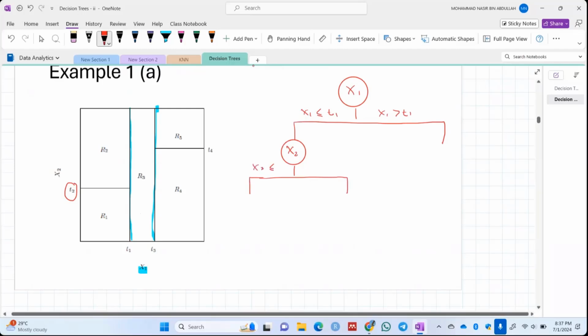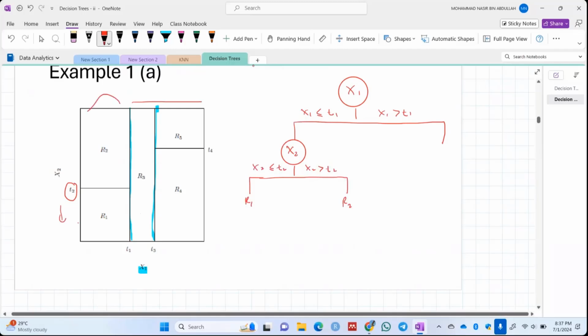X2 less than T2 is R1, X2 more than T2 is R2. So this one is settled already.